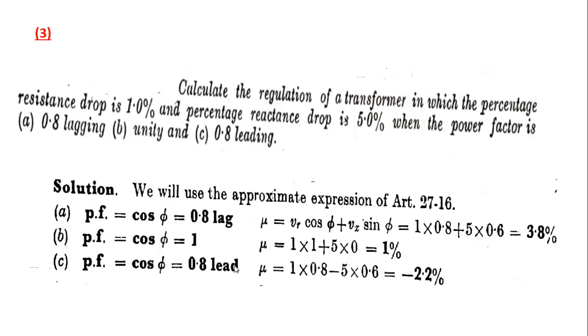Therefore, we have the formula: mu is equal to VR cos phi plus VX sin phi.